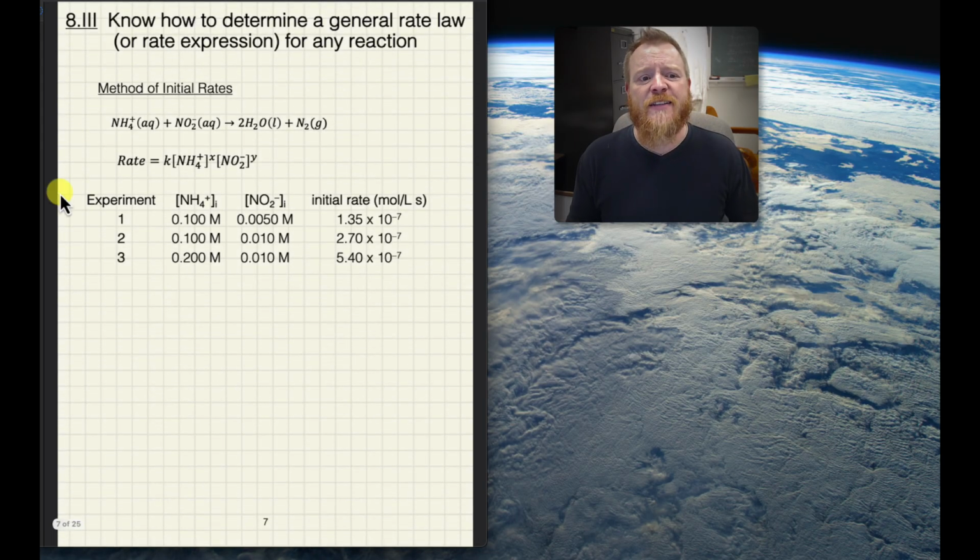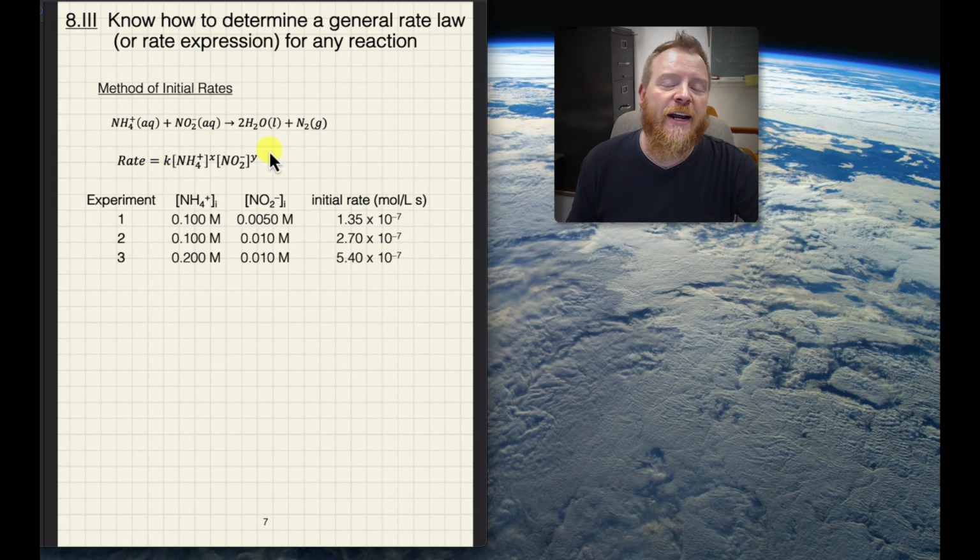So let's do an example, and maybe you remember this from Chem 109, the method of initial rates. What we're trying to do here is get the rate law for this reaction by getting the orders of the reaction, and that will also eventually allow us to compute the rate constant.